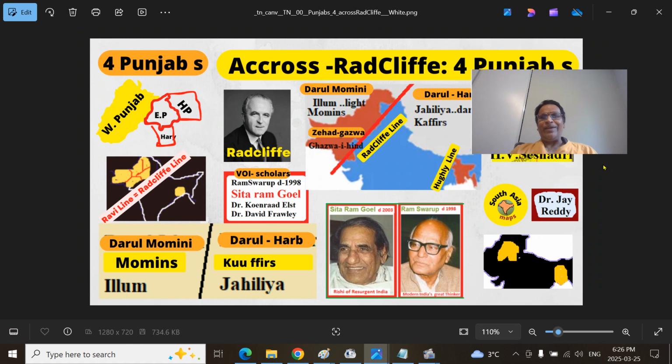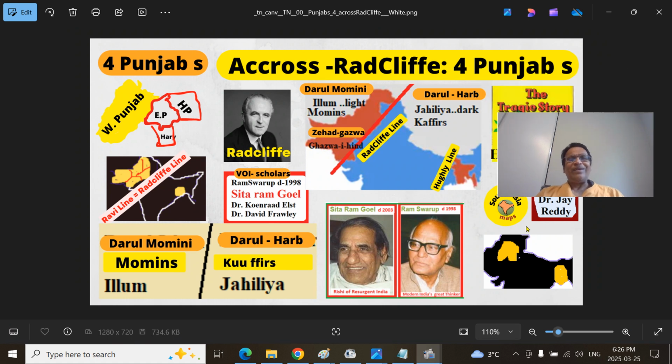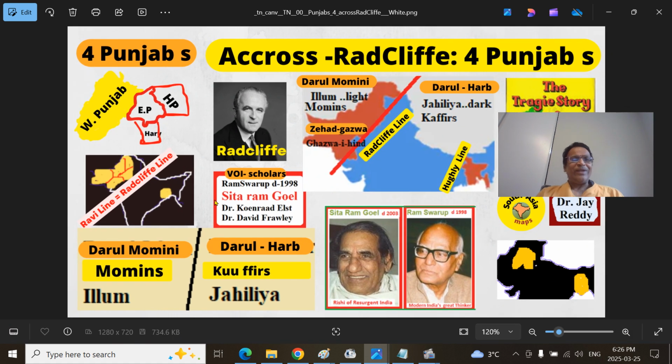That's very interesting, how it shapes the current line. We live in partition India. There are 4 Punjabs. We talked extensively about the Radcliffe line, that is the partition line between Darul Mumini, and on this side the Mumins, believers and Elam, the enlightened area, in their opinion, had been the land to be put to defeat, and non-believers, Kufites and Jahiliya land.